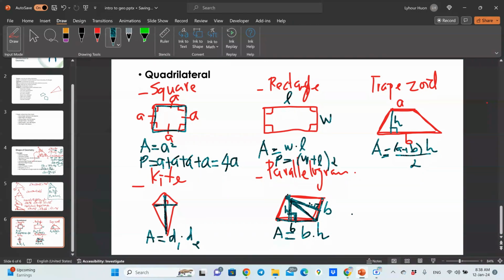How do we calculate the perimeter of a trapezoid? Oh, that's going to take a bit.